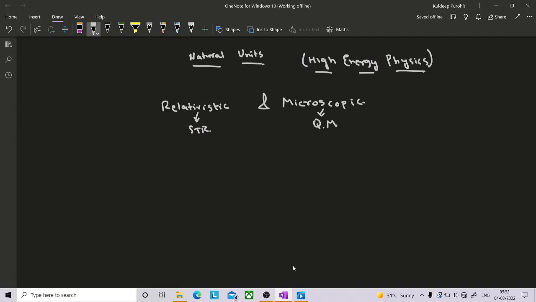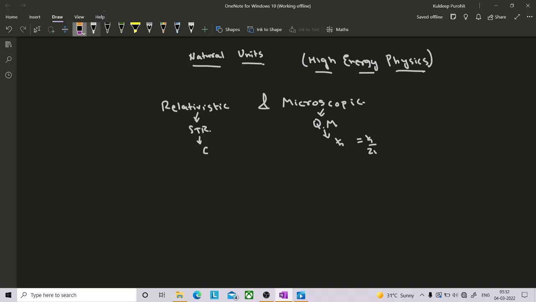Whenever there is any expression of special relativity, you will always encounter a constant, the speed of light. And whenever you are doing quantum mechanics, you will always encounter the Planck's constant or the reduced Planck constant, which is h upon 2 pi.